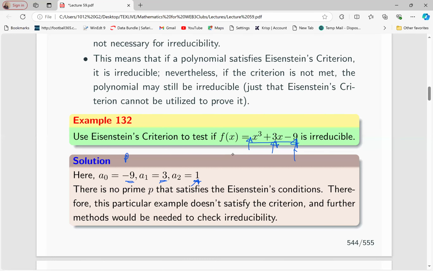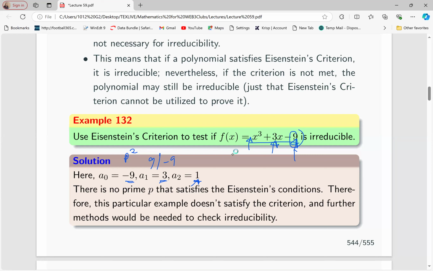But now the other condition is that its square should not divide the constant term. The square of 3 is 9, and 9 divides -9. So that means 3 is not the prime number you're looking for. It's not the prime number that meets those conditions.